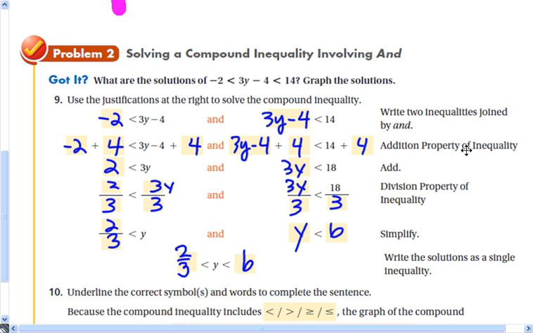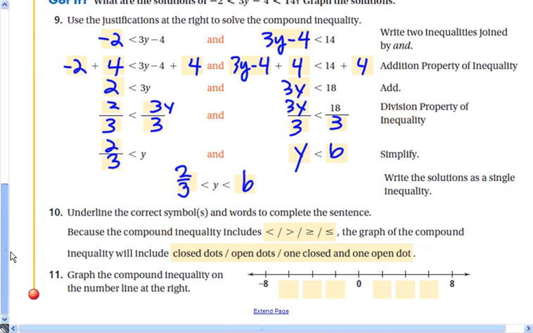All right, here are your answers. Hope you were successful. Because the compound inequality includes less than, the graph of the compound inequality will include open dots. So the inequality will look like this.